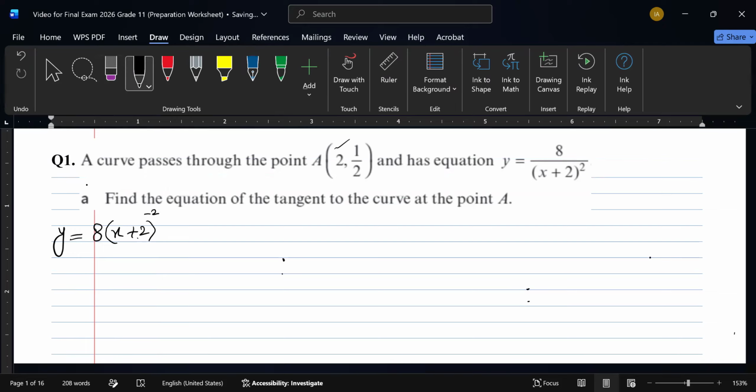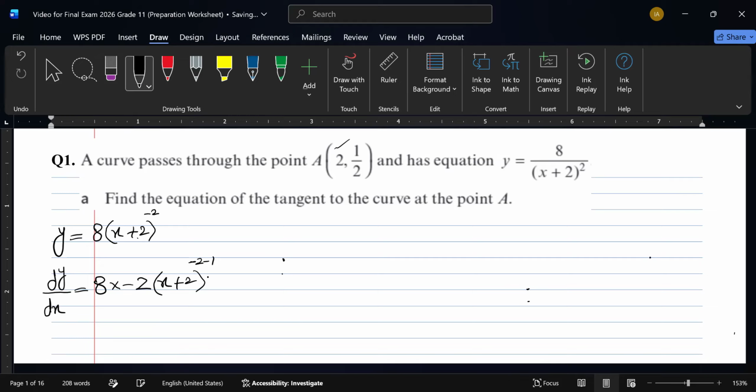Now, let's differentiate the equation, and the method is very simple. First thing first, the coefficient will remain the same when we multiply by the power, which is minus 2. Then the bracket will remain the same. We subtract 1 from the power.